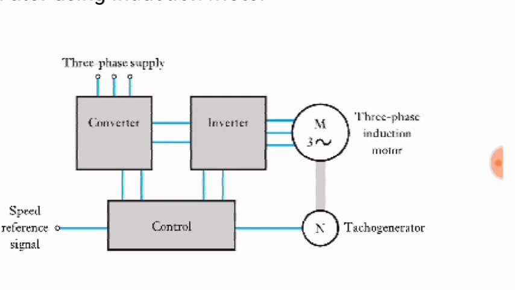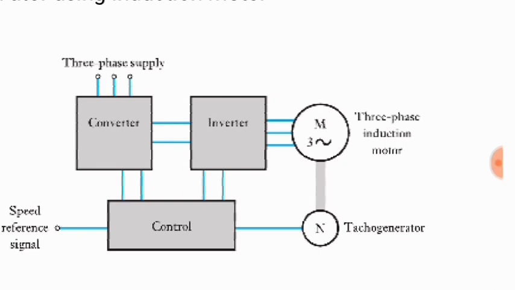If both are the same, there is no error, but if they are not the same, there is an error. The controller processes that error signal and produces a control signal, and thereby it controls the operation of the converter and inverter. Actually, it controls both converter and inverter and produces a three-phase output signal at the inverter output at a specified frequency. That particular frequency depends upon the control signal.